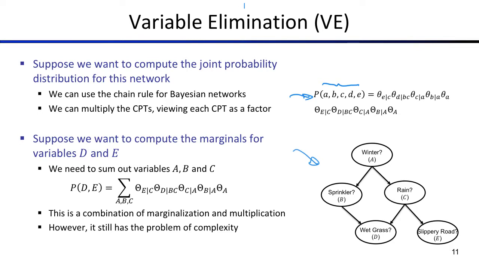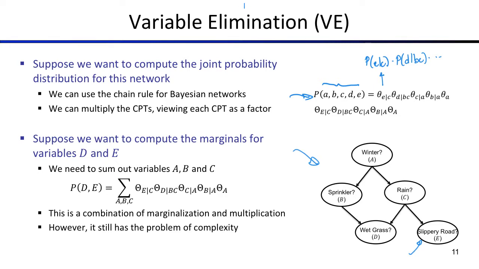For instance, we're going to multiply the probability of E given C. That corresponds to this node here. We know that E has a parent C, so this is the same thing as the probability of E given C. It's going to be a number, and we multiply this number by the probability of D given B, C, and so on, until we multiply for all the nodes that we have in the Bayesian network.